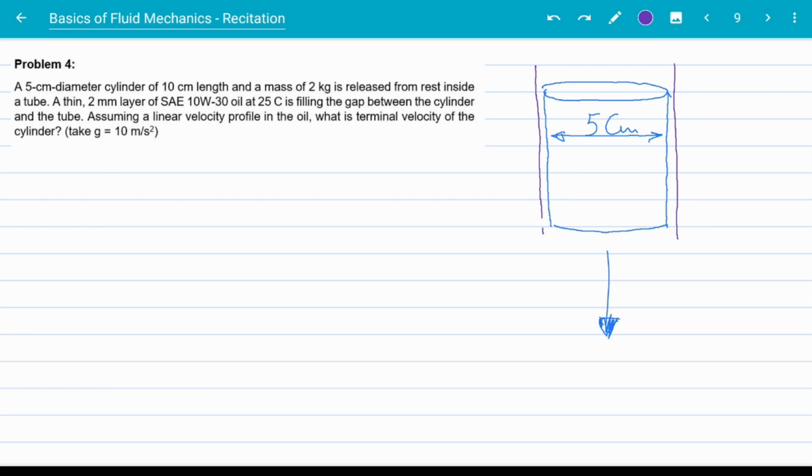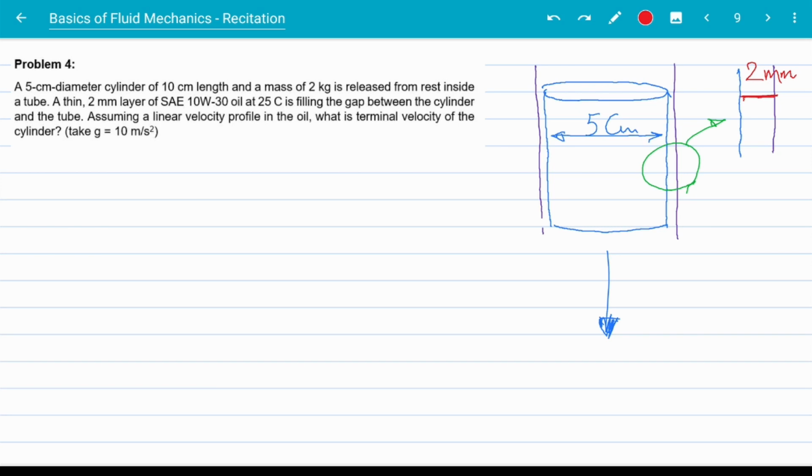The diameter of the tube is not given. However, we are given the thickness of the gap between the cylinder and the tube, meaning that if I zoom in, I get this. This is the side of the tube. This is the side of the cylinder, and this gap between them is 2 millimeters.